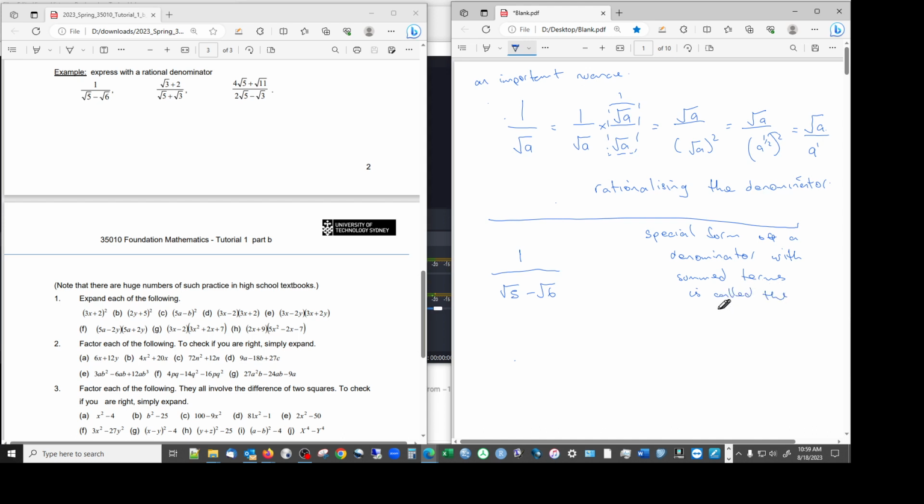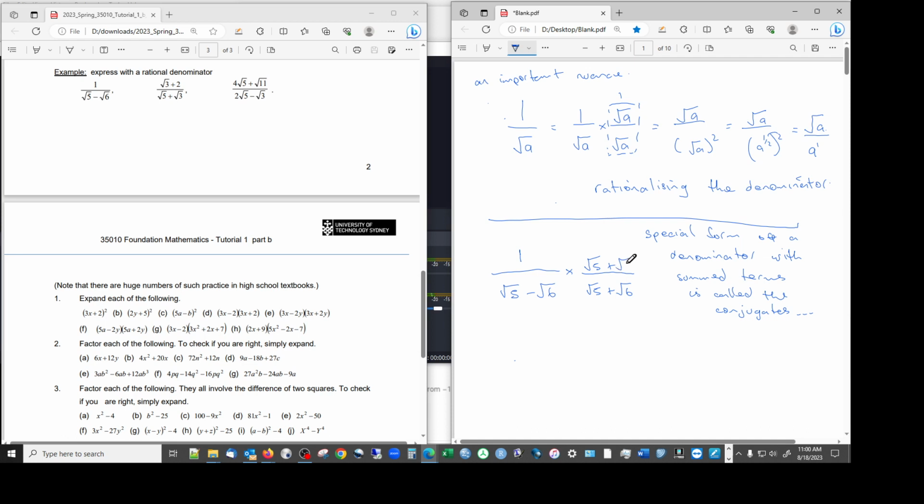the conjugate. Now you'll learn about conjugates in 4-unit maths when you do complex numbers, but here it's just a way of helping you understand that we're multiplying by 1, but we're going to multiply by a special form, and the special form is that we change to the opposite sign of what you have on the bottom, because we're going to multiply by 1.